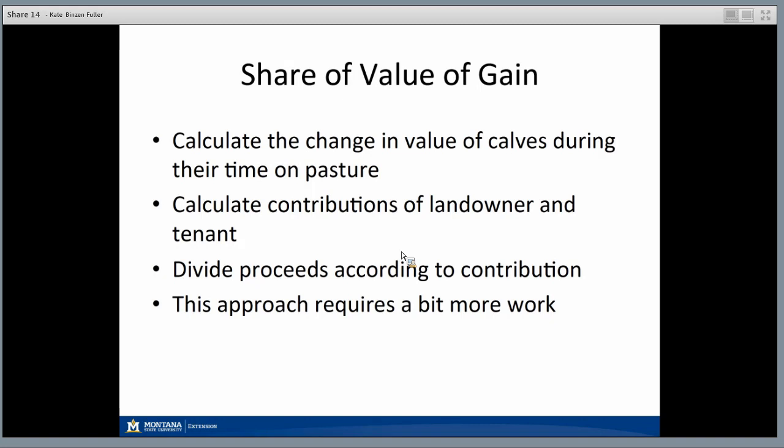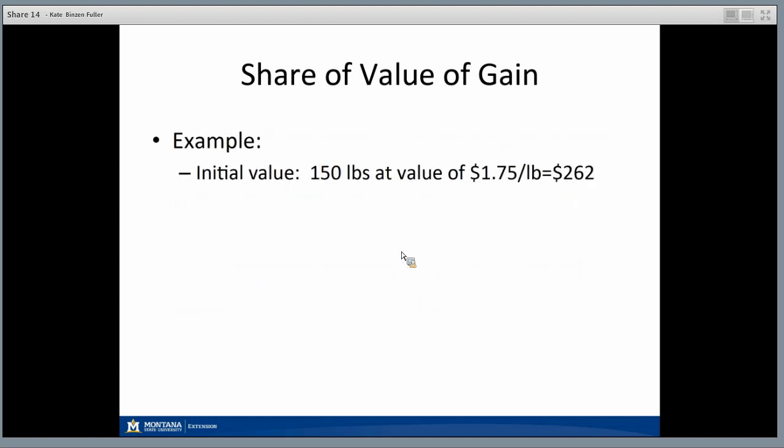Now, this approach requires a bit more work, which you can probably guess by the fact that I'm just waving my hands for the calculations portion of it. But once we have the contributions figured out, the rest is pretty simple. So here, again, the calves are starting on the pasture at 150 pounds.